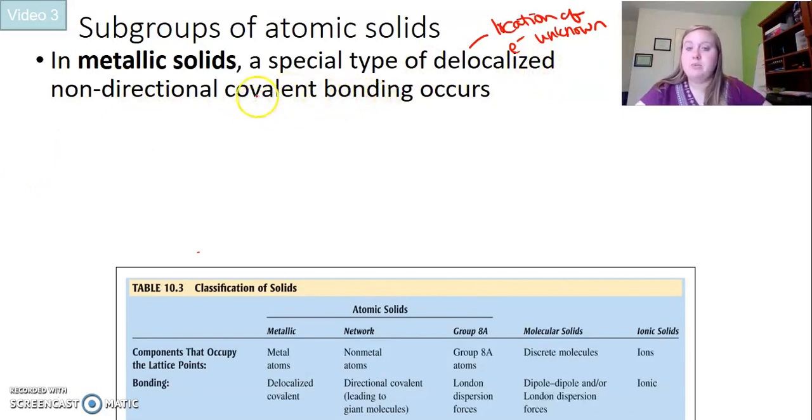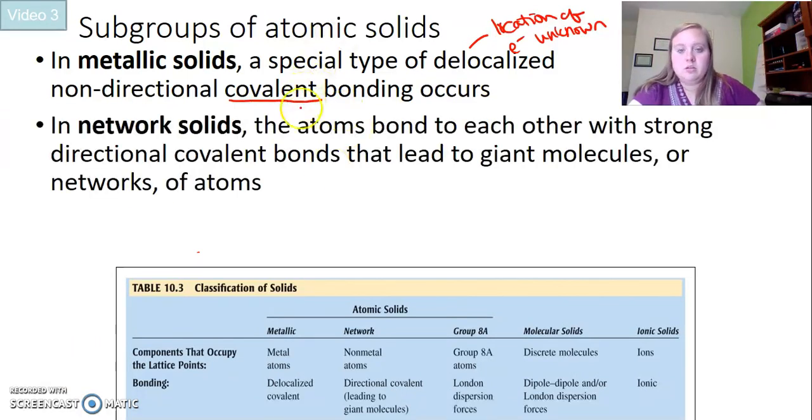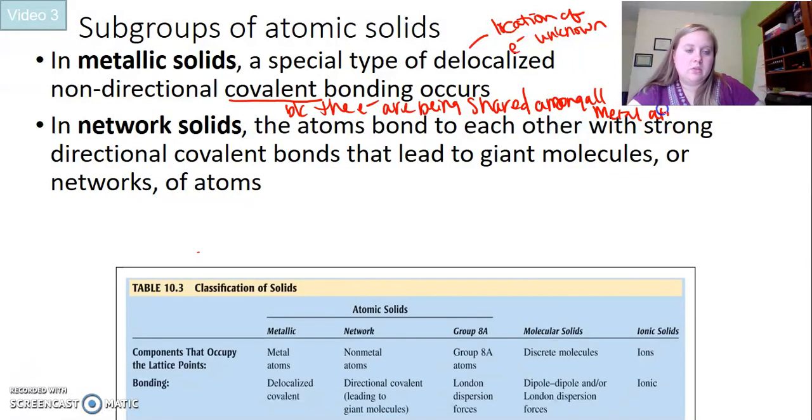Non-directional covalent bond. We say that they're covalent because the different metal atoms are all sharing this collection of delocalized electrons, among all metal atoms.